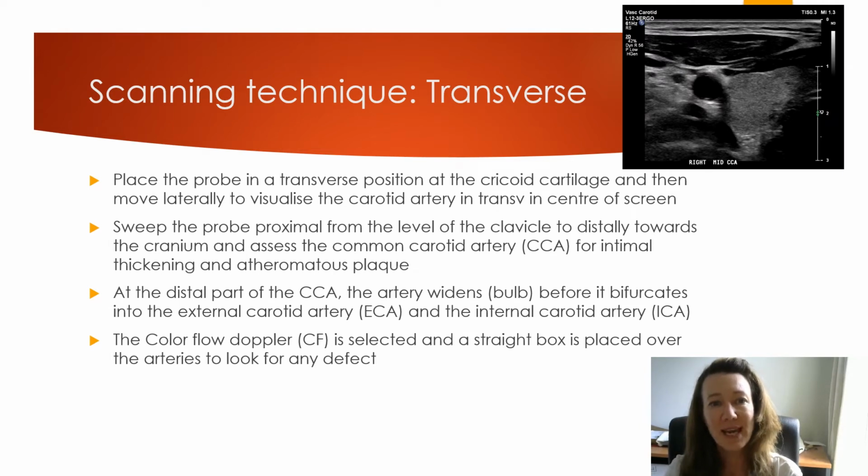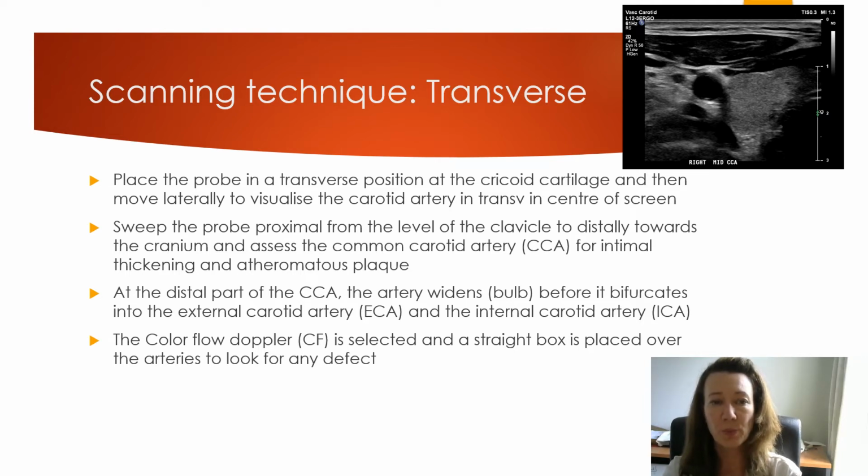We will start the scanning technique in the transverse position, where we place the probe in the transverse position at the cricoid cartilage and move laterally to visualize the carotid artery in transverse in the center of the screen, as we can see in that image at the top.